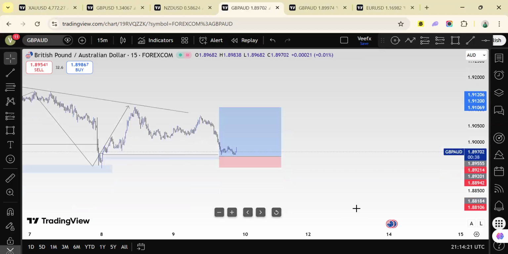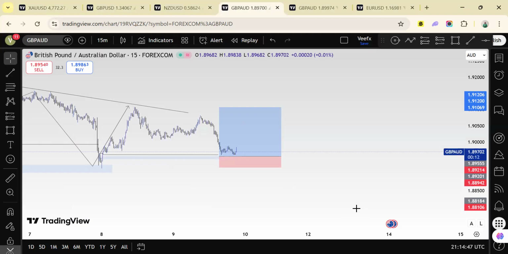Now, there are four rules that I use before I pick any POI, be it an order block or a breaker block. There are four criteria I must see in the market before I can pick a particular POI, either a breaker block or an order block, as my POI or as my entry point, right?